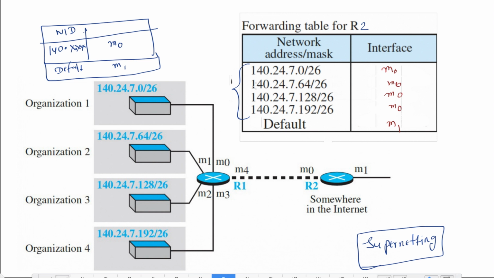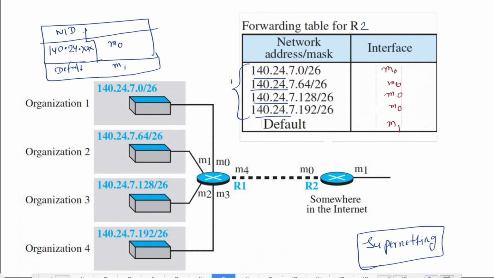If I want to be more precise, then I can say if the network ID starts with 140.24, then x.x, go to M0. Otherwise, go to M1, because everything is having 140.24. But it is also not very precise.